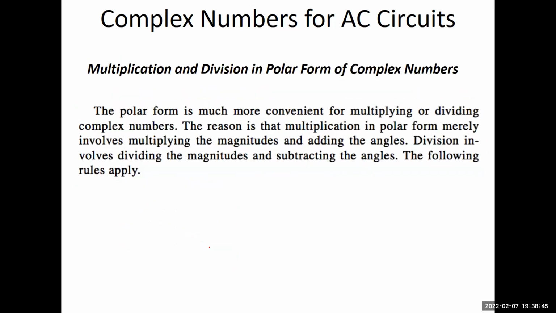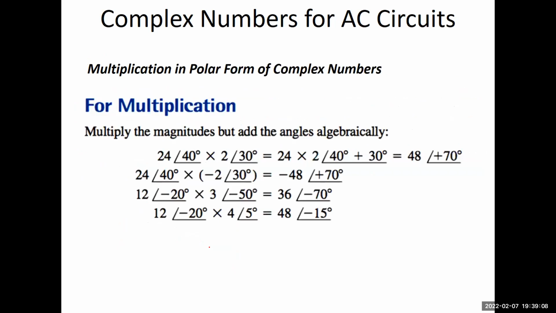So multiplication and division in polar form of complex numbers. Before, we have already discussed how to multiply and divide complex numbers in rectangular form. And this is how you do it in polar form.